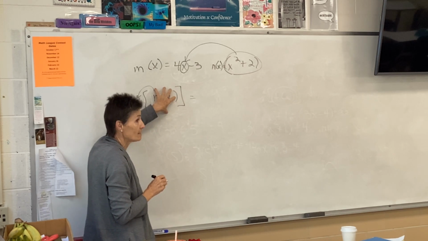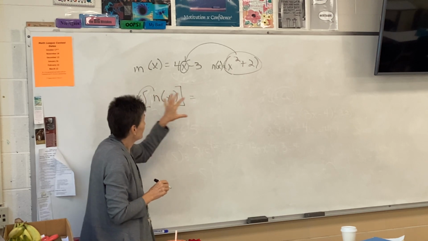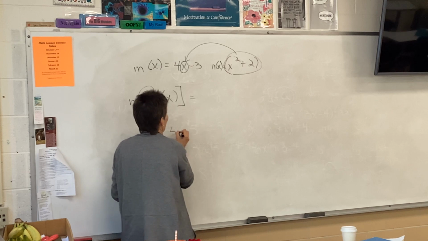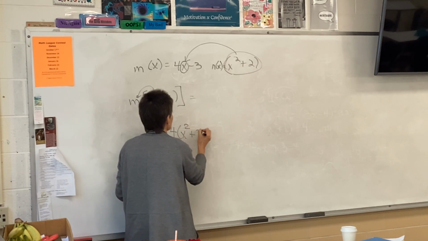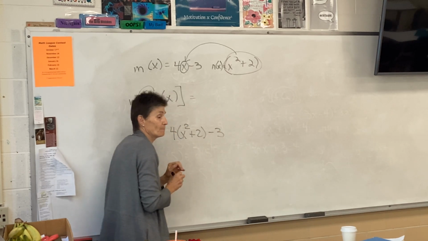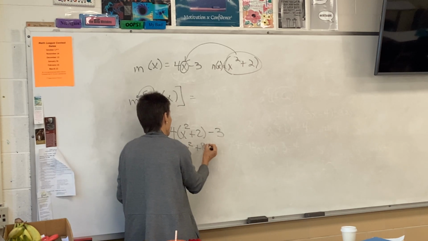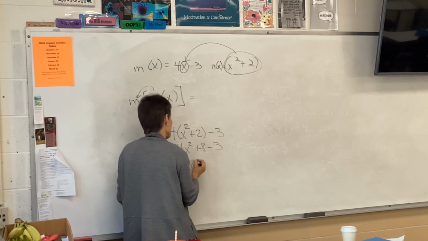Plug N into M. So we're going to have 4 times (x squared plus 2) minus 3. Did you get 4x squared plus 5?